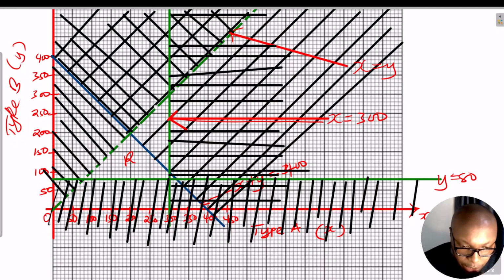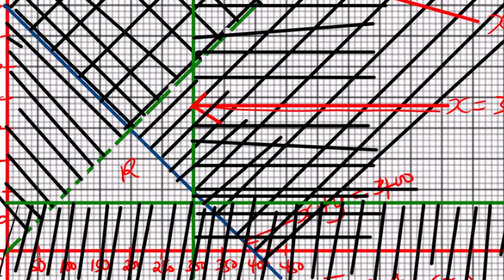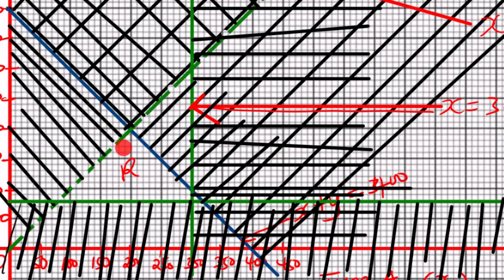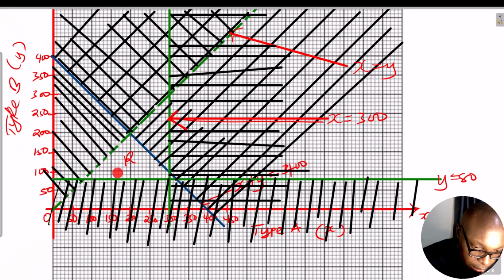Now we have plotted all the lines, shown all the inequalities, shading the unwanted sides, and we are left with this required region here that is unshaded. I'm shading all this so that it can be clear.